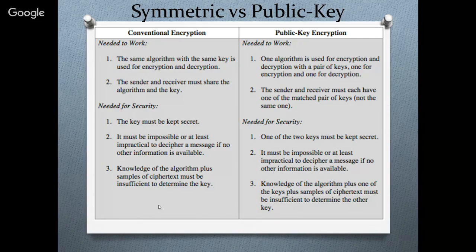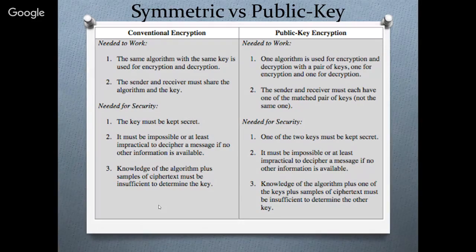The second difference is that in conventional encryption the sender and the receiver must share the algorithm and the key. Both have to be shared among themselves. Whereas in public key encryption, the sender and the receiver must each have one of the matched pair of keys, and the algorithm should also be known to each other so that the same decryption algorithm is used by them.